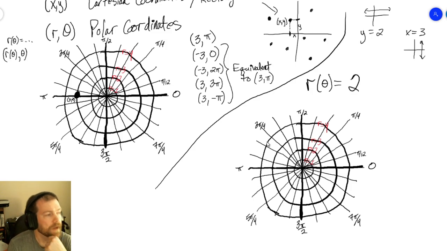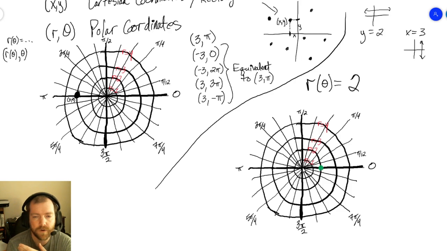All right. So now that we have this, we want to know where r is equal to 2. Well, that's any point where our r value is 2. So when we go out to theta equals 0 and then r equals 2, we get this point here.